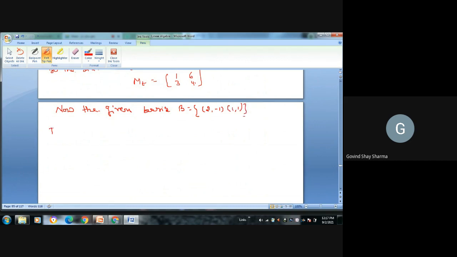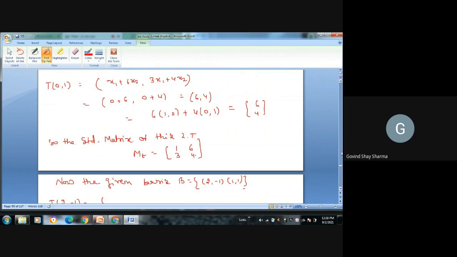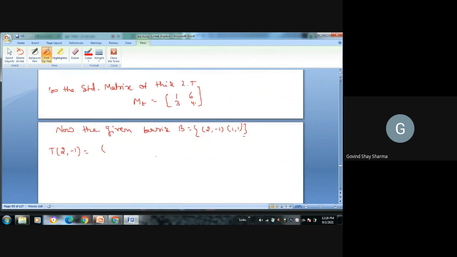So T(2, -1): what is our linear transformation? (x1 + 6x2, 3x1 + 4x2). So this becomes (2 - 6, 6 - 4), which is (-4, 2).